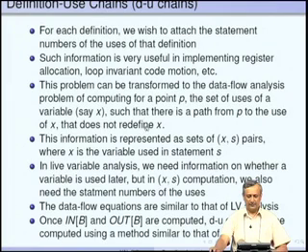It is just that we are looking at the statement numbers also. So, that is why the sets of uses come into picture. We are associating with each x a statement s also. So, the information is represented as sets of x, s pairs, where x is the variable used in statement s. The data flow equations are very similar to that of LV analysis. I am going to show you those, and once the in and out sets are computed, DU chains can be computed quite easily like the UD chains.